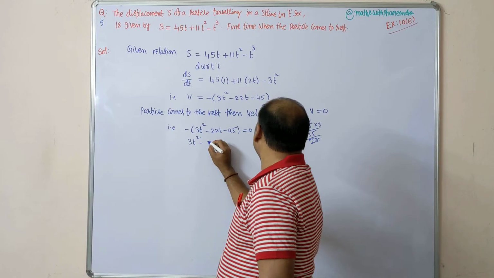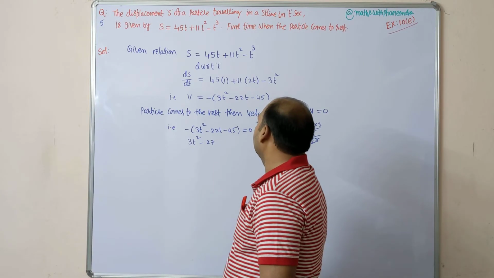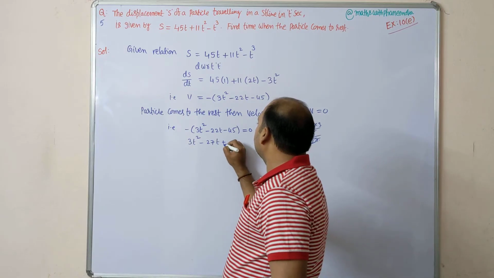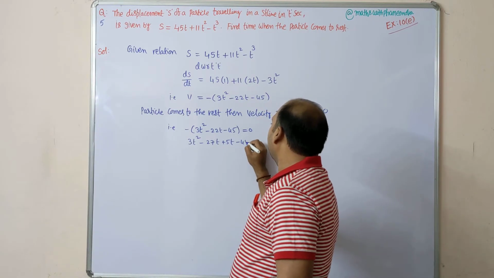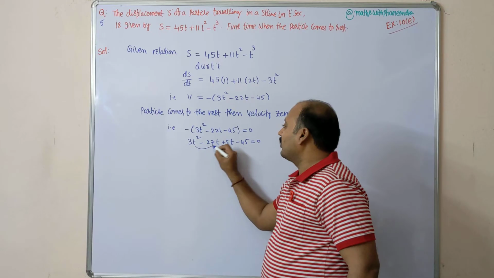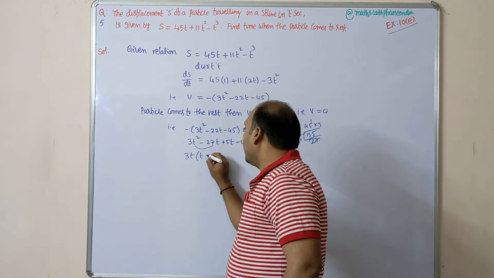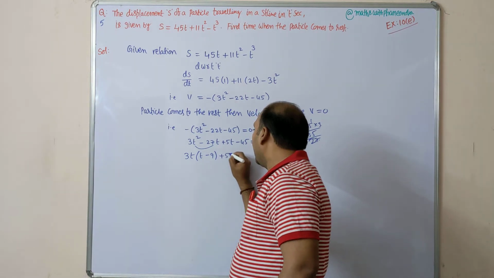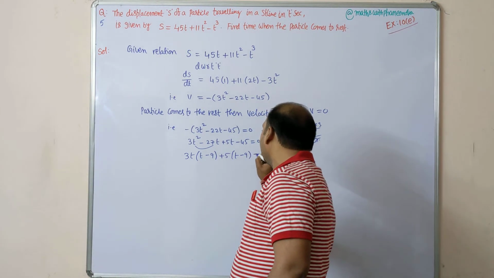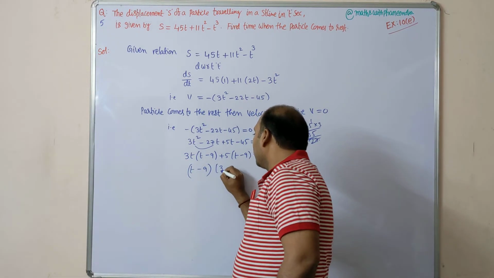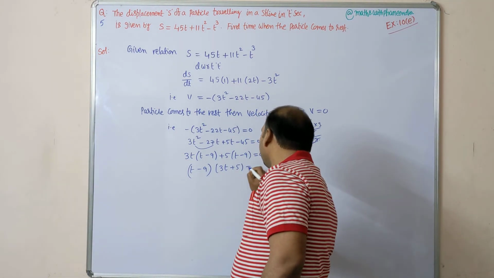So I want to get minus 27t plus 5t, plus 45 equal to 0. From these two, take 3t common, so t minus 9. From these two, 5 into t minus 9. So t minus 9 into 3t plus 5.